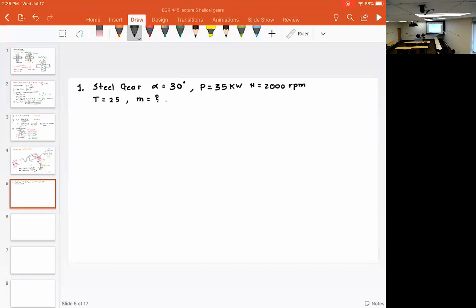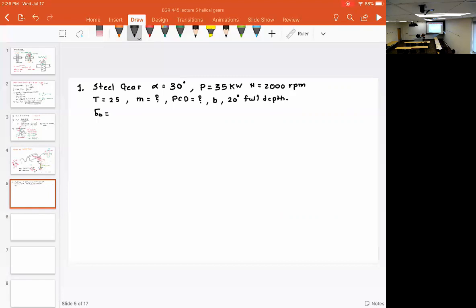So we have to find out the module m. Find out the pitch circle diameter, PCD, and the face width b for a 20-degree full depth involute tooth gear.